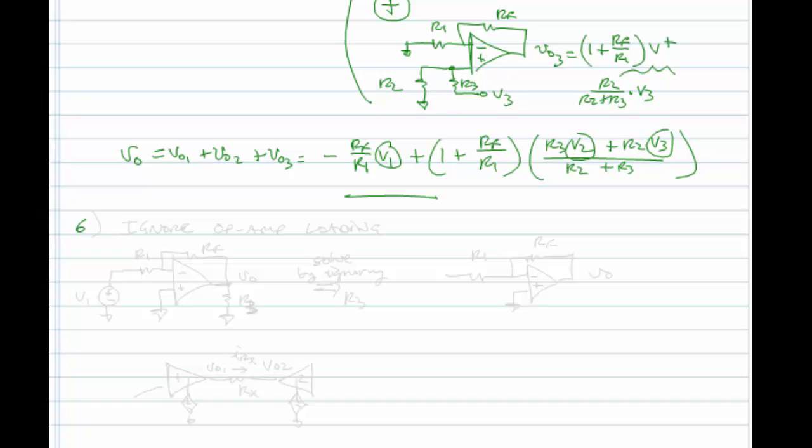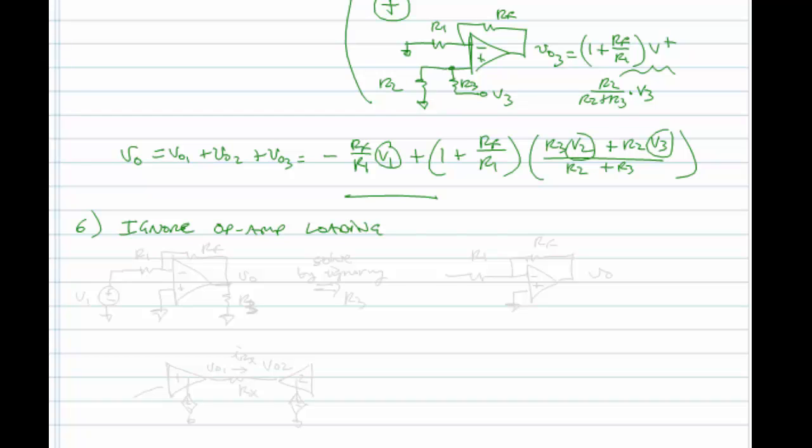Okay, number 6 we've talked about already, but I'll mention it again. Ignore op-amp loading. Now, you don't always do this, but when we're talking about this ideal analysis, we will do this. Ignore op-amp loading.